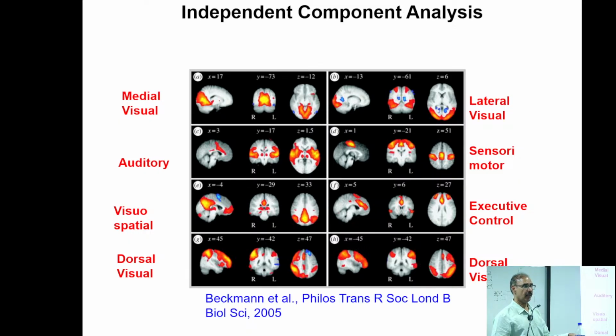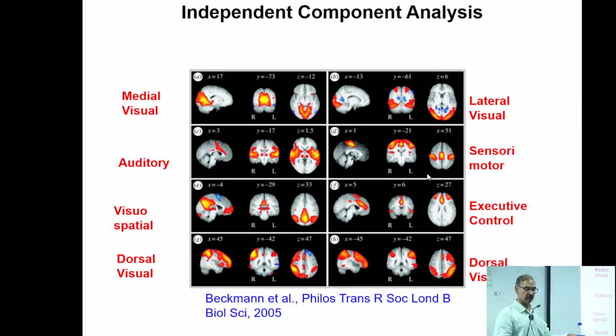Okay, and it's of course very hard to prove. I think, as someone had said, how do we know each one corresponds to what, right? But some of these networks look familiar: this one looks like the visual, this is auditory, this one is sensory motor, right?